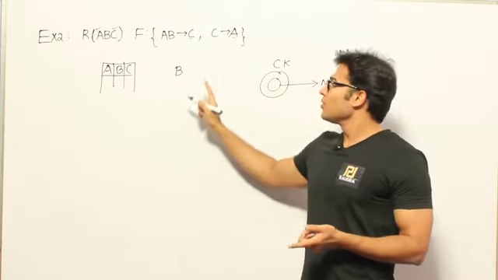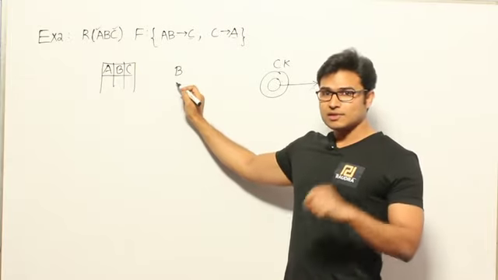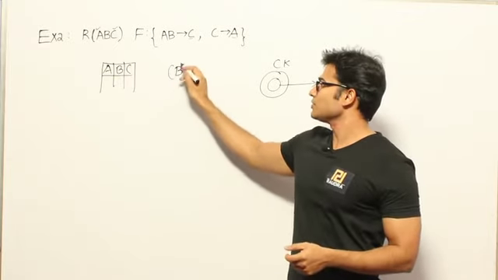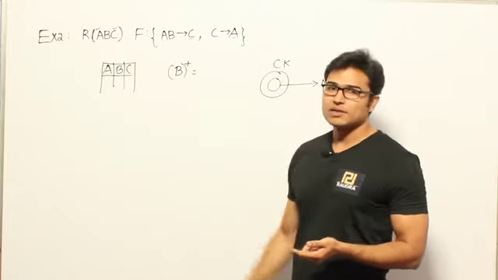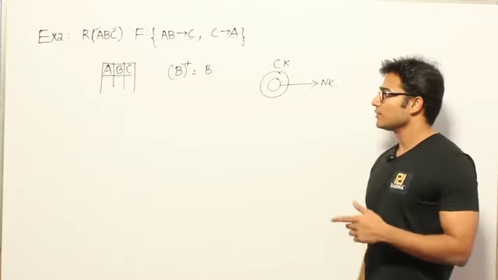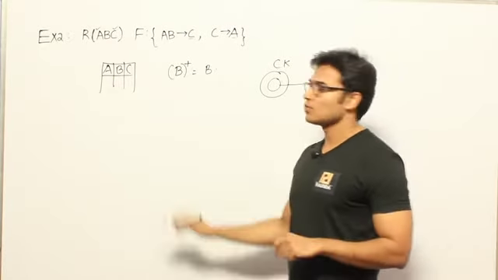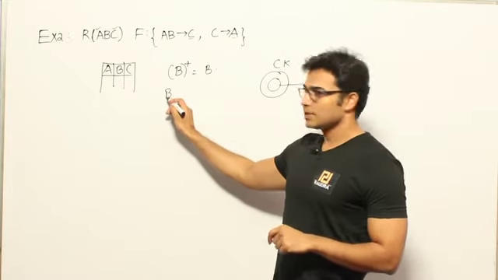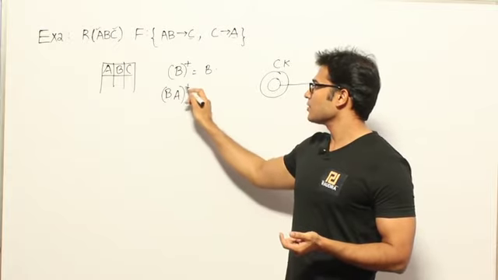Okay. Now let's see if B is sufficient. B is necessary to be present in the candidate key. Let's see if B is sufficient to be a candidate key. How can you find out? Find B plus. If I find B plus, I am going to get only B. So definitely it is not sufficient, so I have to add something more to that. Let's try to add a minimal thing, let's say A, and see whether it is a candidate key or not.